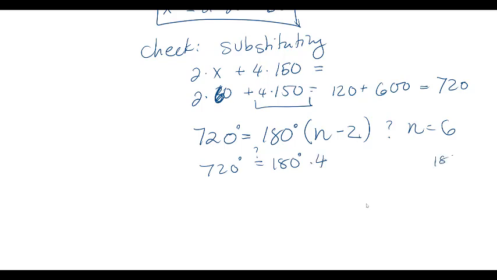And let's do that off on the side. 4 times 180, so we have a 0 here. 4 times 8 is 32, so we write 2 and carry 3. We have 4 times 1 is 4. We add the 3, so it's 720. So indeed, 720 equals 720. And so our result is correct.